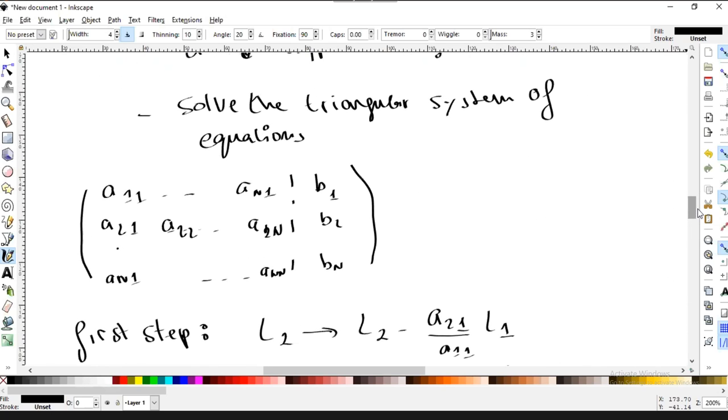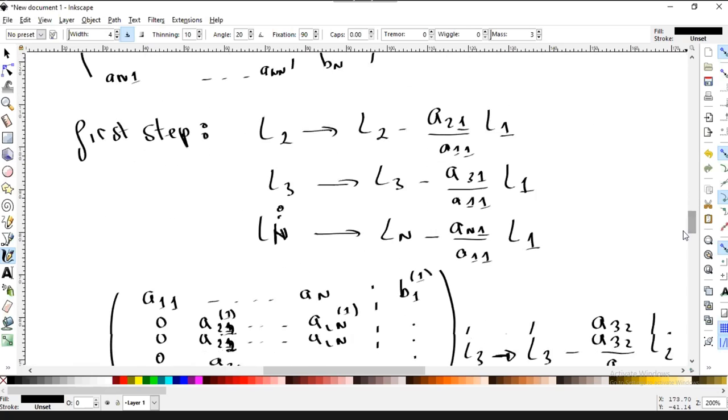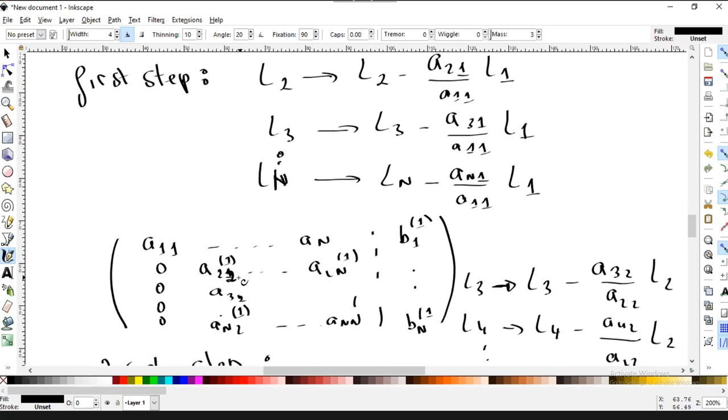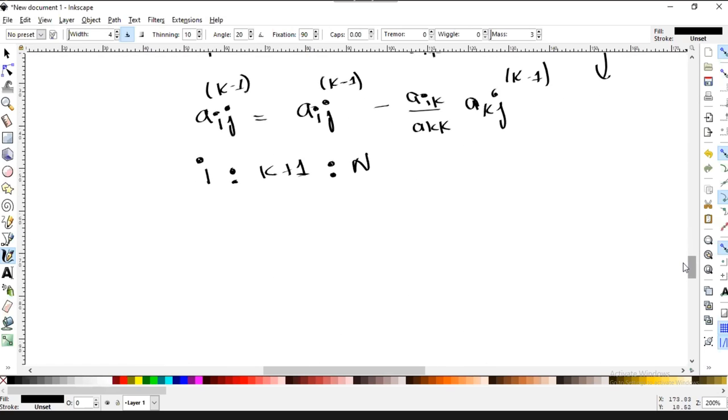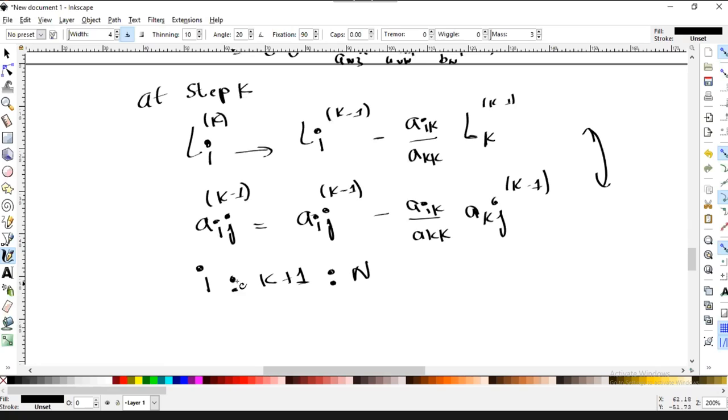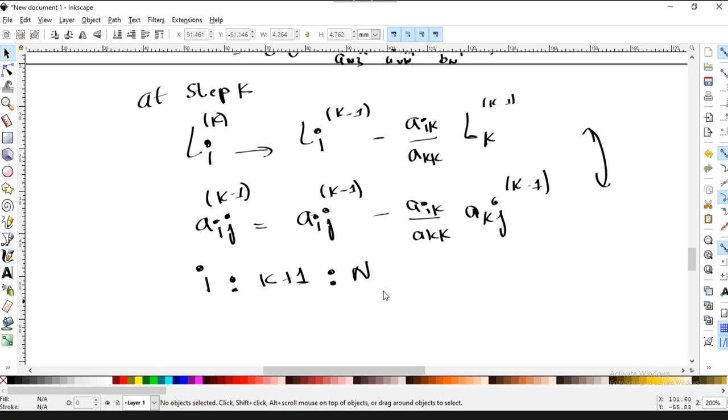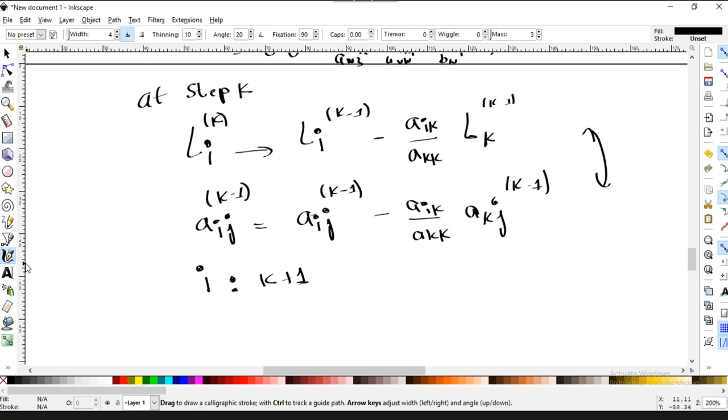At the first step, the index i, this line that I modified, went from 2 till N. At the second step, I kept the first line, and the index i goes from K plus 1 till N.